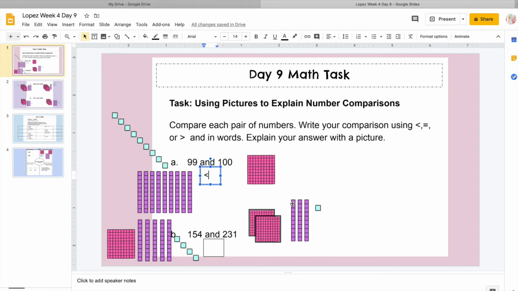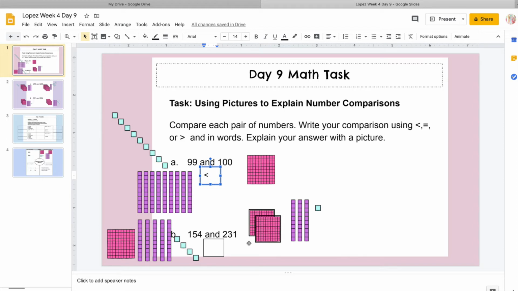We have 3 10 bars to represent that 3 in the 10 spot, and we have 1 to represent the 1 in the ones column. As you can see, it would be really easy just based off of pictures to decide that this would be the larger number because there are more blocks.